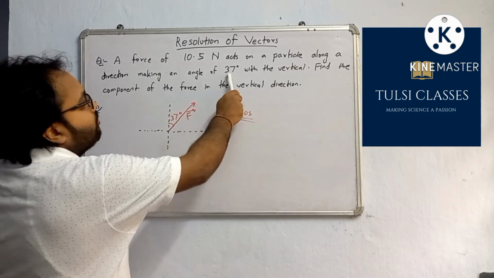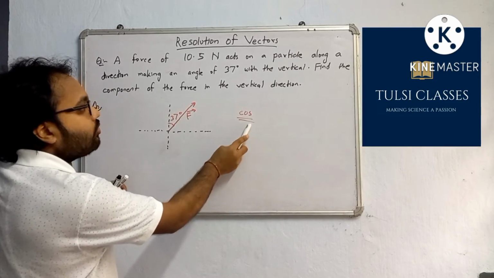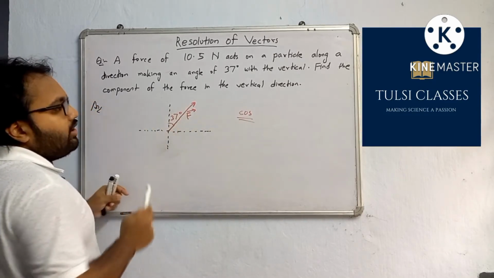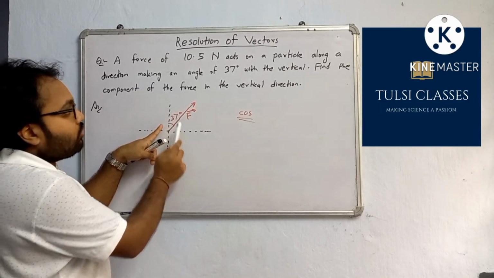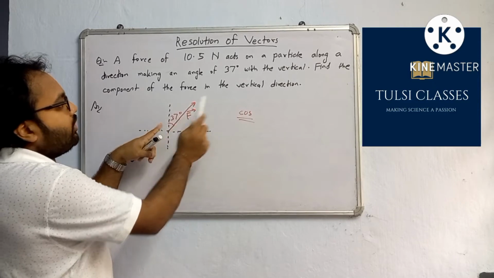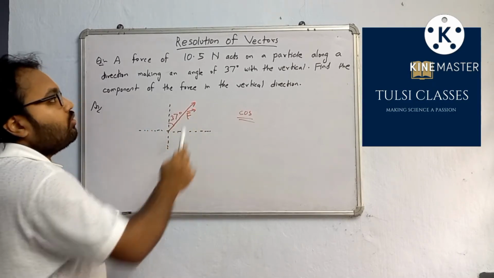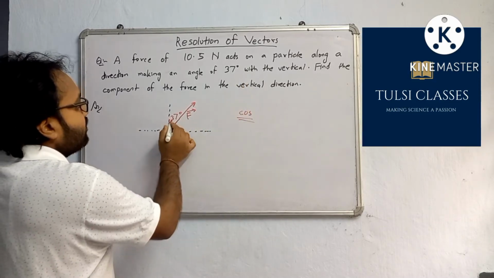Here we have to find the component along the vertical direction, and the vector makes 37 degree with the vertical. So cos 37 degree will give its magnitude in the vertical direction. That is called the component of this vector.